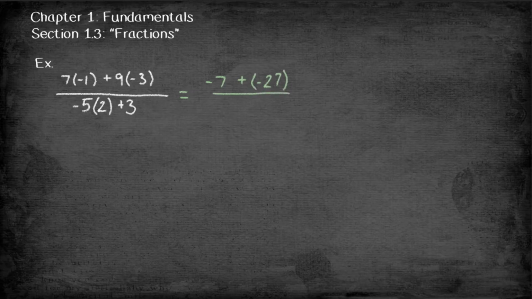Then on the denominator, we have negative 5 times 2, which is negative 10, plus 3. And the next step is to simplify. So when we add together negative 7 and negative 27, we get negative 34. When we add together negative 10 and 3, we get negative 7.